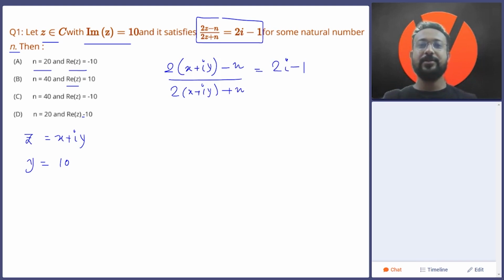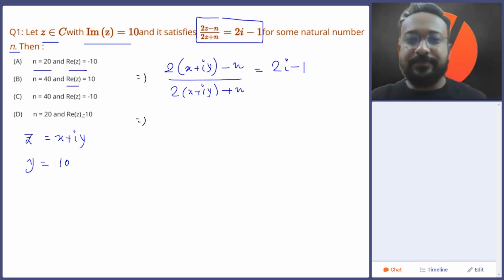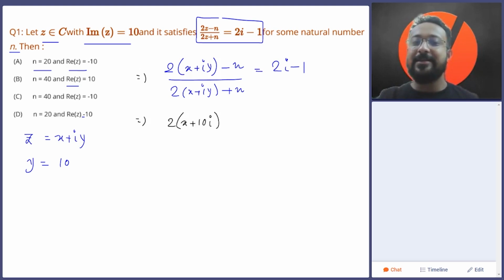So what to do next? We can see this is 2 of x plus iy, and in place of y we put 10. So this becomes twice of x plus 10i minus n equal to this.